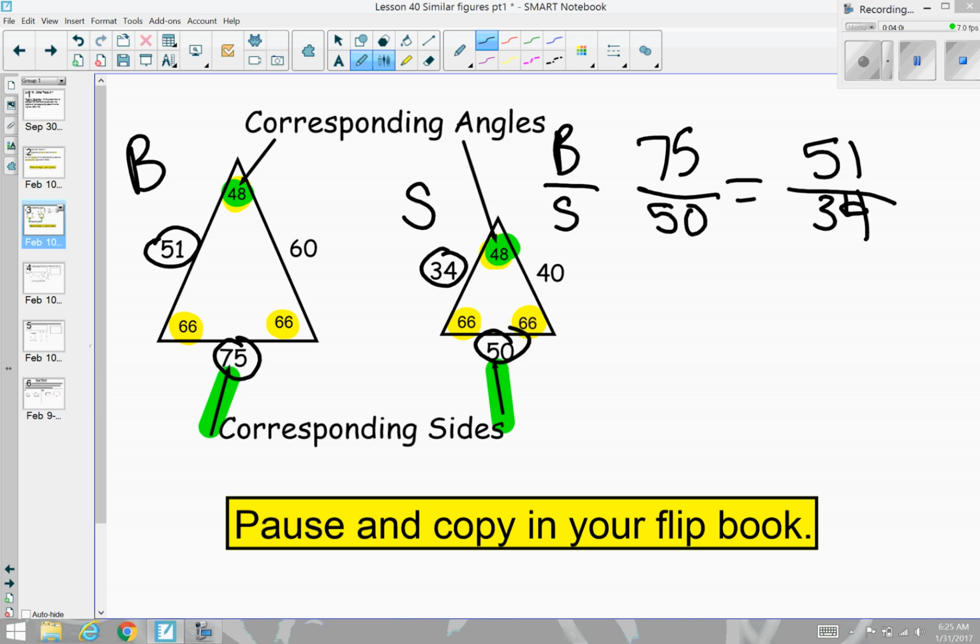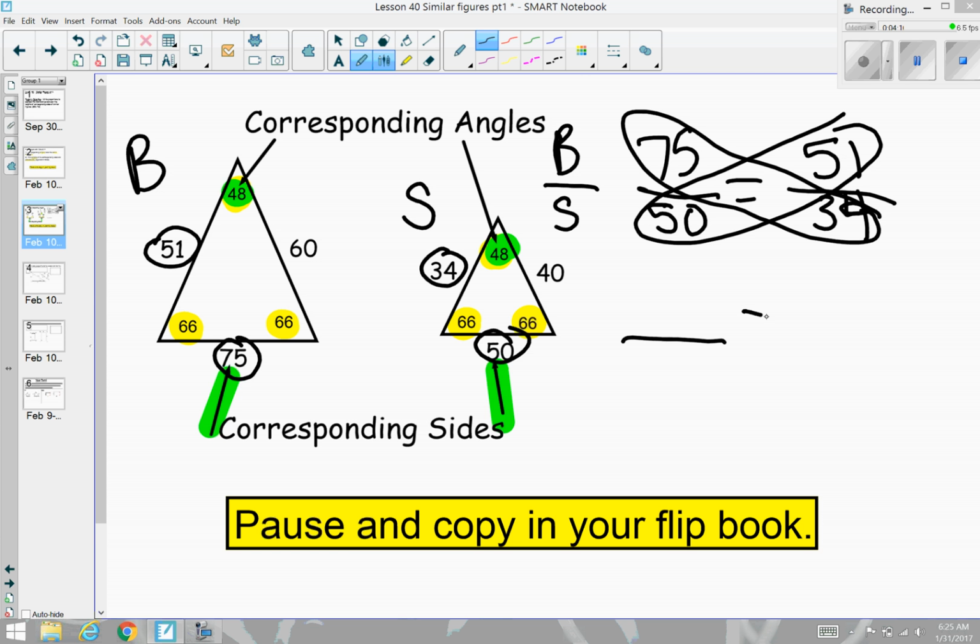So we've talked about different ways to show that they're proportional, but the easiest way is to cross multiply and check. So we're going to multiply the opposites going that direction and the opposites going this direction. And if those two multiplication problems are equal to each other, then they are similar. So let's go ahead and pull out our calculators and check to see if they are.